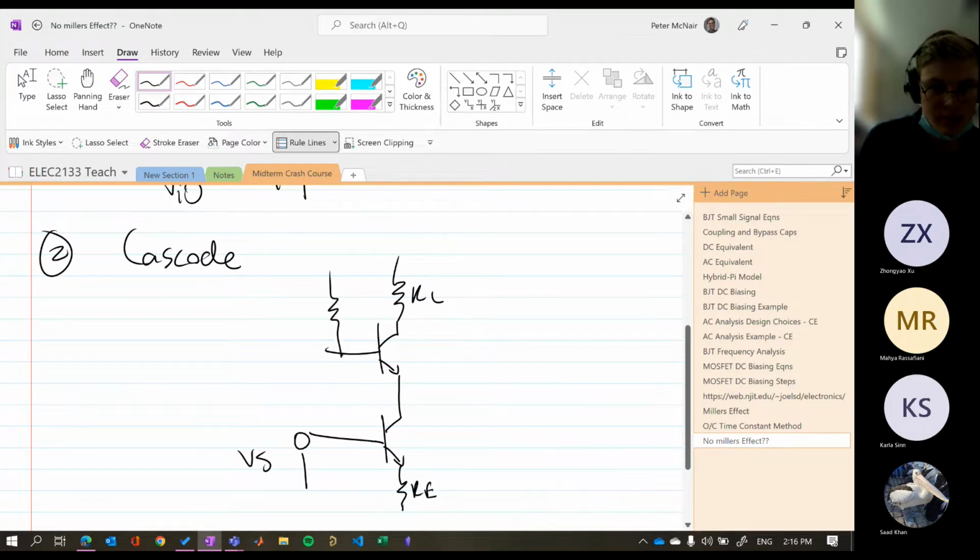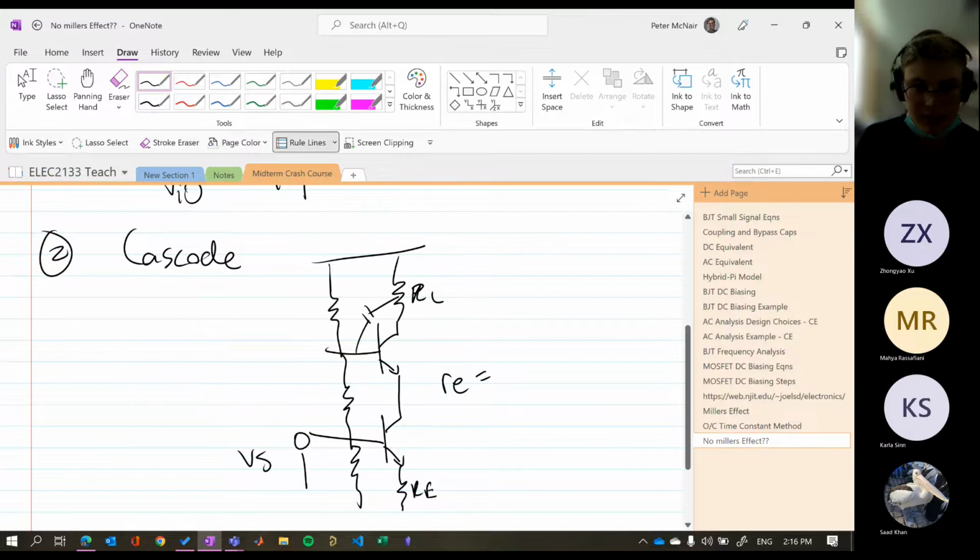Imagine we've got some biasing happening, right? That's just our classic voltage divider biasing. Don't need to worry too much about the technicalities there. Just assume they're doing their job. And essentially, the Miller's effect will be minimized because the resistance RE at this emitter is going to be R pi on 1 plus beta.